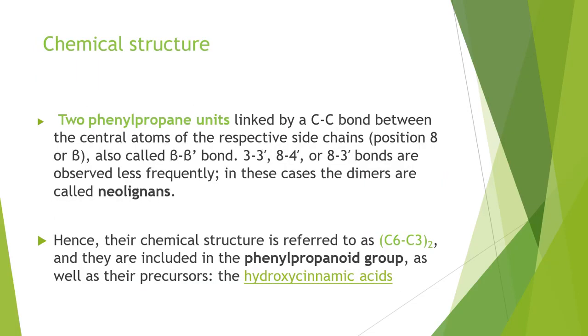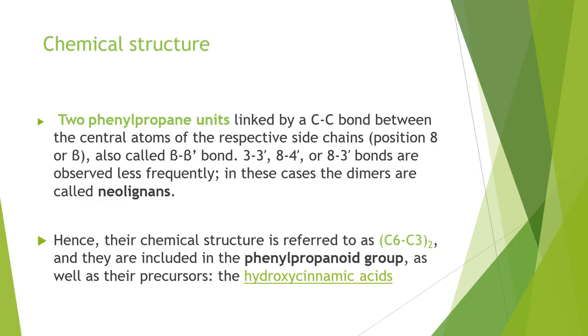The chemical structure: two phenylpropane units linked by carbon between the central atoms of the respective side chains. You see, these are the details of how the linkage is formed, and hence their chemical structure is referred to as C6C3. So two units are there, three units are also there for cyanidin and other lignans.